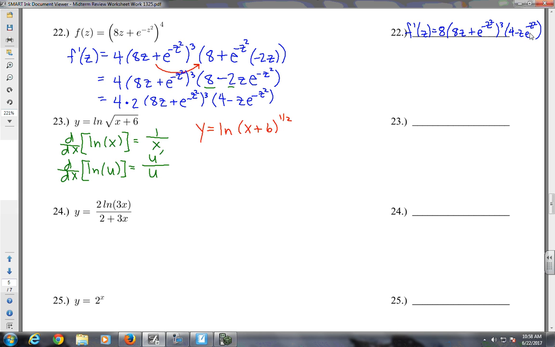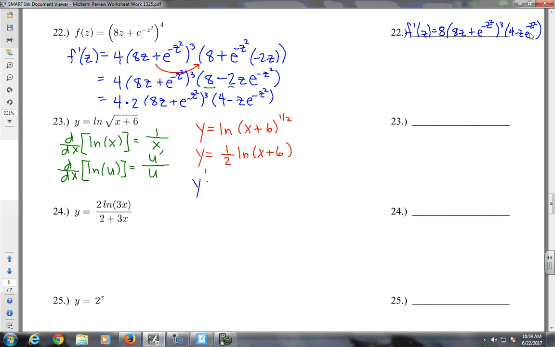From rules of logarithms, we know that if the argument of the logarithm has an exponent, we can move that exponent down in front as a coefficient. Please understand here, I'm not differentiating. I know it feels like the power rule because we're moving a power down in front, but I'm applying a log property. The purpose of that is to simplify the function before I differentiate it.